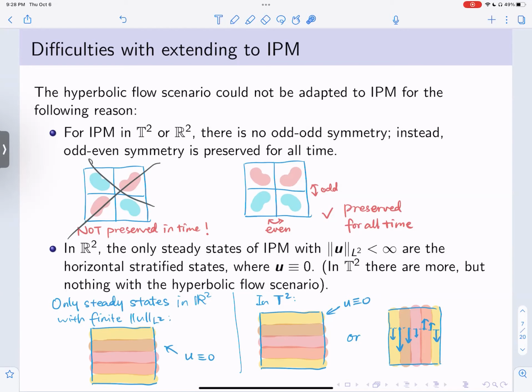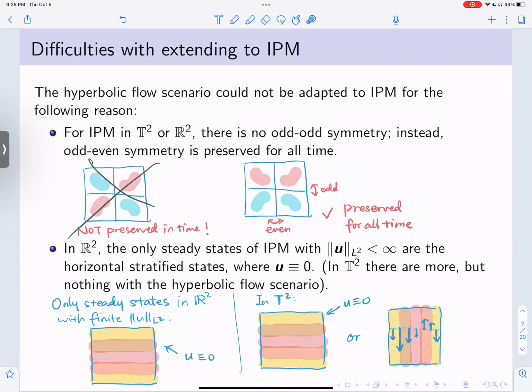For example, in R2, one can easily check that the only steady states of the IPM with finite energy are the boring horizontal steady states where the density is horizontally stratified.